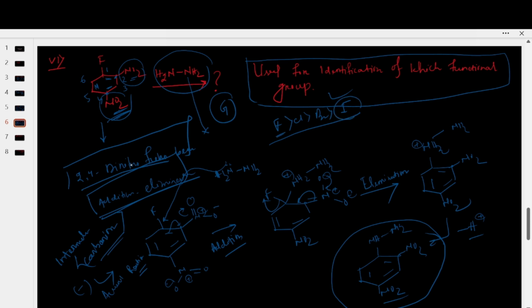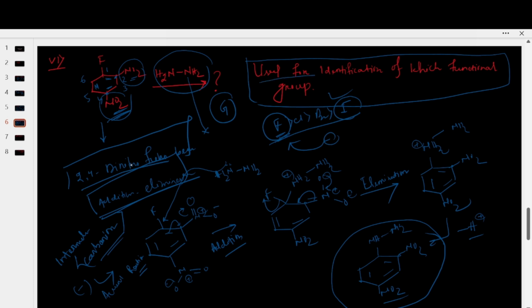But why does fluorine come first here? Because the formed carbanion is stabilized by the minus I effect of the fluorine. That's why fluorine is a good leaving group in case of addition elimination reaction. So you have to remember why the fluorine comes first, because the formed carbanion will be stabilized by the fluorine. It's due to its electronegativity.